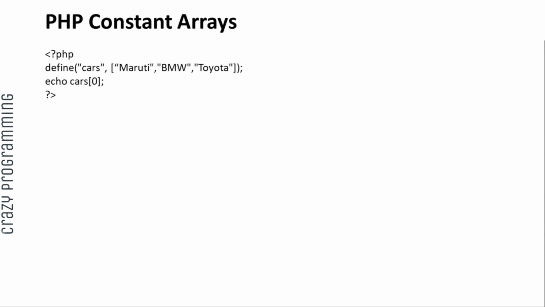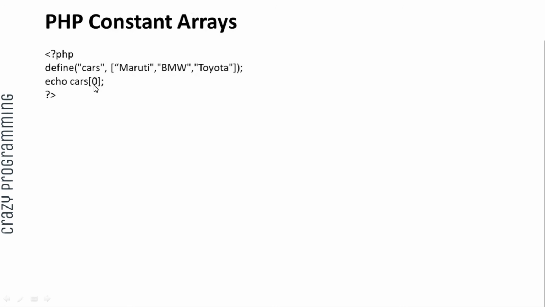In array format I used first this bracket, and inside the bracket I use three values, that is Maruti, BMW, Toyota. And then I print cars, and inside cars I wrote the 0 value.